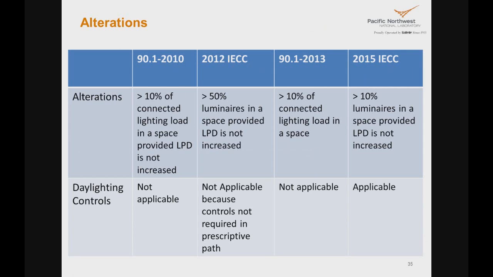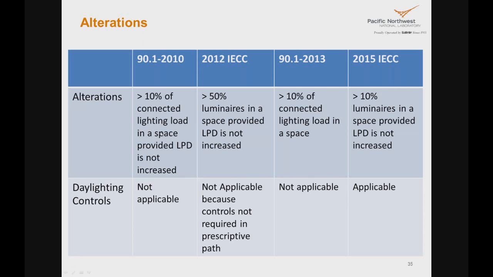90.1 2010 says that if you have greater than 10% of the connected lighting load in a space that has been altered, then you need to follow the requirements of Chapter 9. And also if your LPD increases when you do the alteration, only then do you need to follow the requirements.